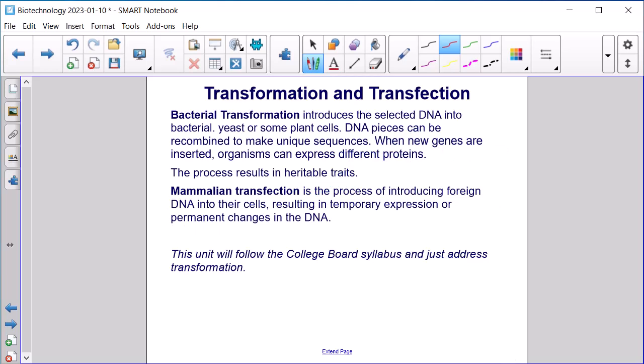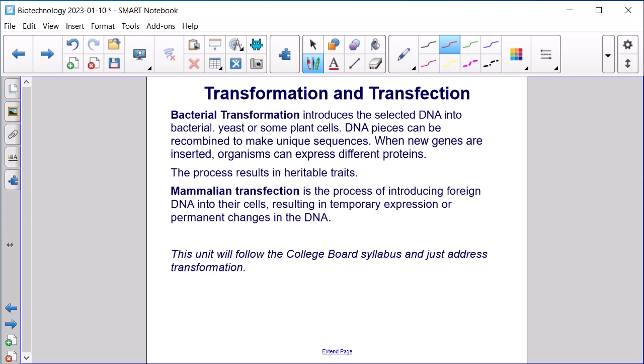Transformation and transfection. Bacterial transformation introduces the selected DNA into bacterial, yeast, or some plant cells. DNA pieces can be recombined to make unique sequences. When new genes are inserted, organisms can express different proteins.